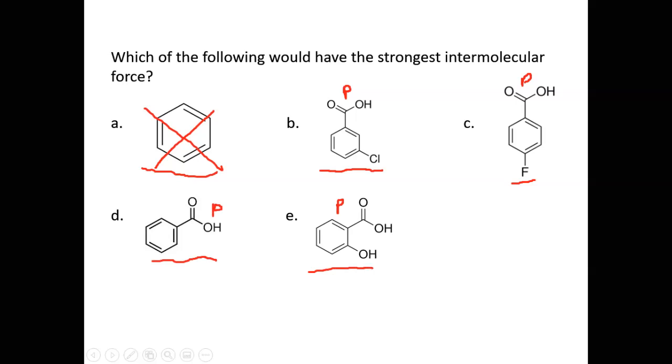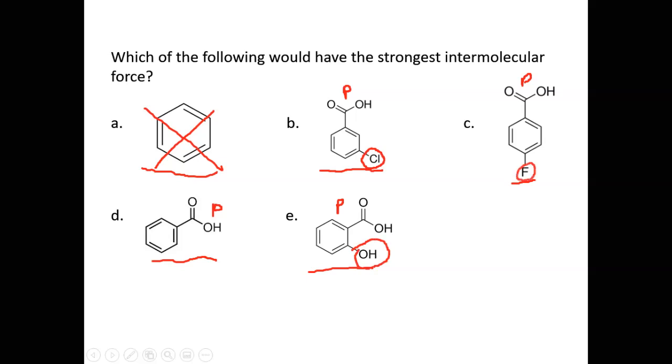Now here, we want to see which one has the strongest intermolecular forces. There are actually two different categories of compounds here. B has a chlorine, E has an OH, and F has a fluorine.